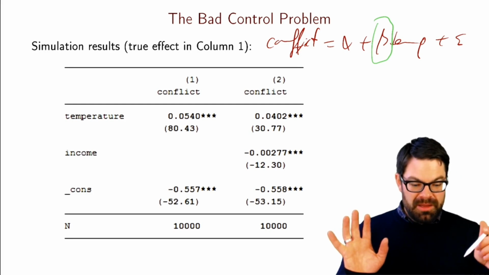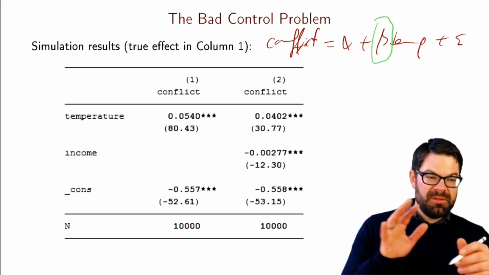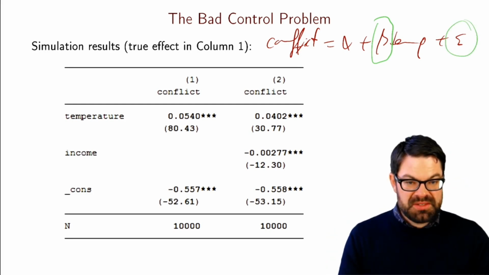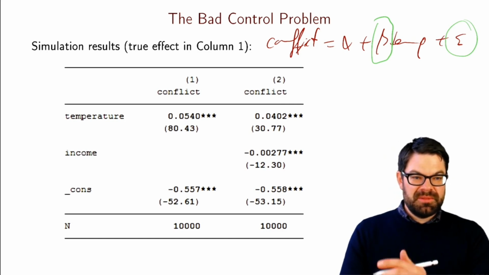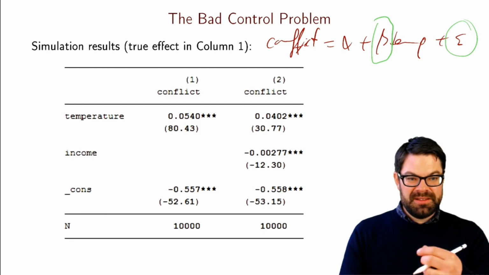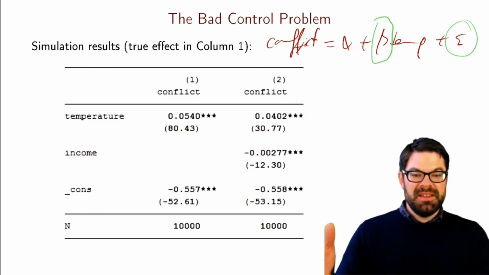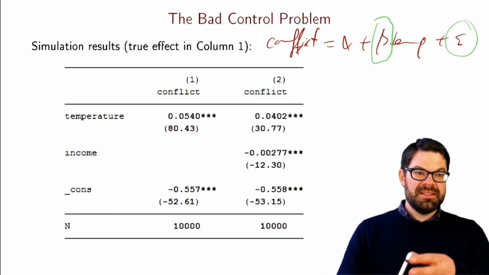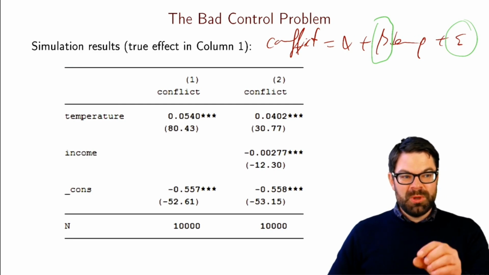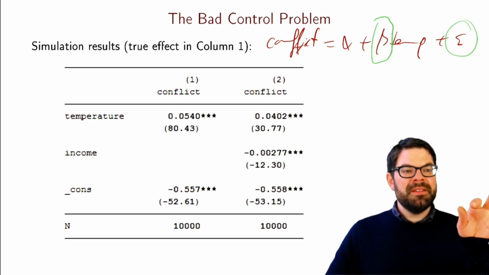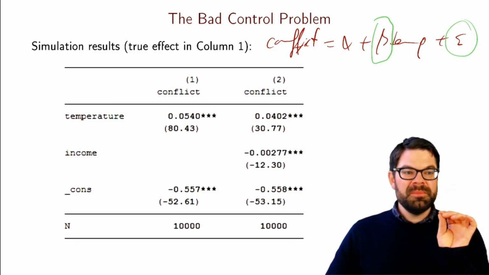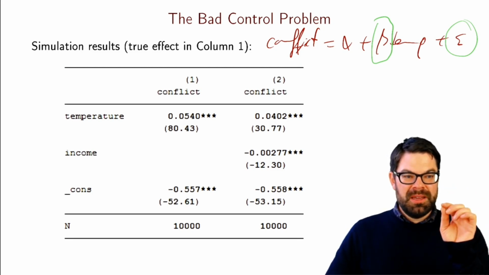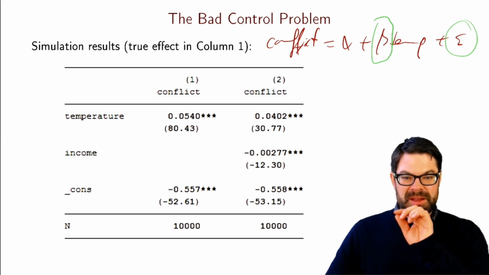Okay? That we assume, and then obviously we add some noise to the model and simply simulate this data set 10,000 times. So the idea here is that with each simulation, we draw temperature randomly, and then we draw epsilon randomly, and we make assumptions about alpha and beta.